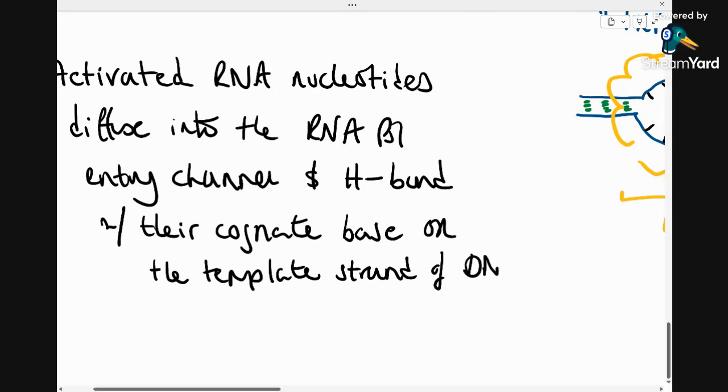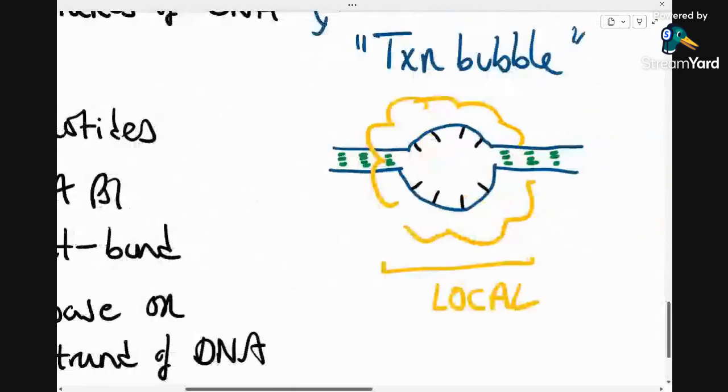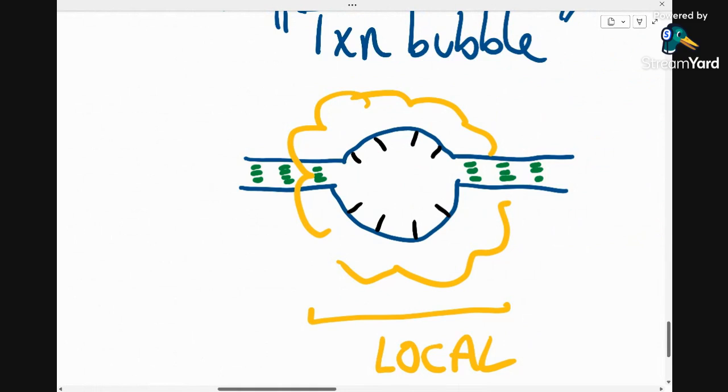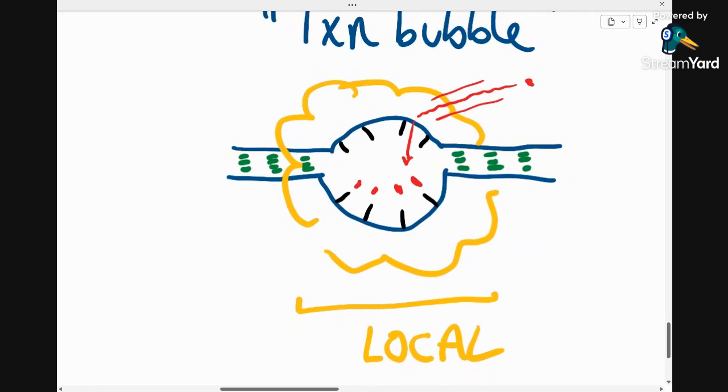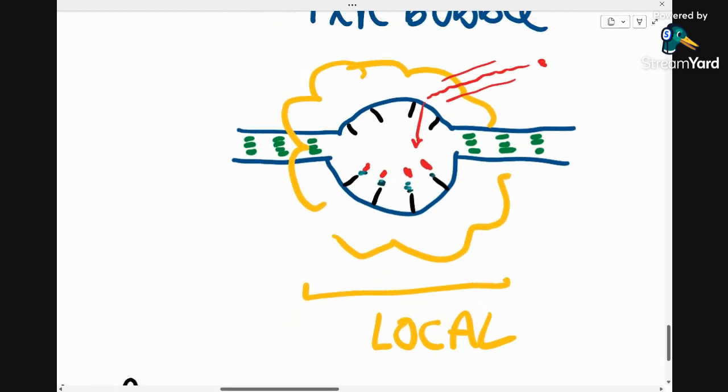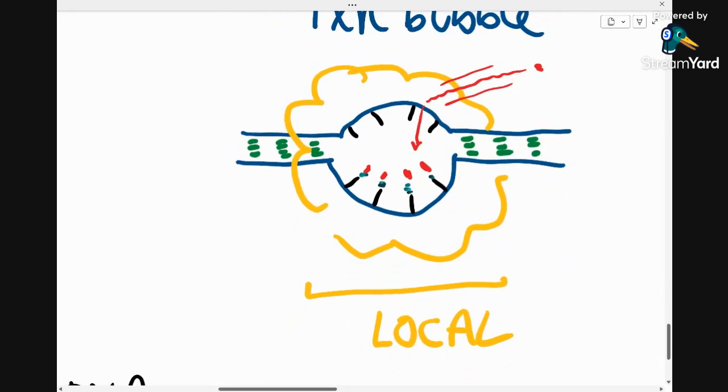Of DNA. Okay, remember, only one of these strands is going to be copied. So when we make the RNA, the nucleotides are going to come in. They actually come through the entry channel in the polymerase here. So the nucleotides diffuse in down here. If they're correct, they will form hydrogen bonds here using complementary base pairing.